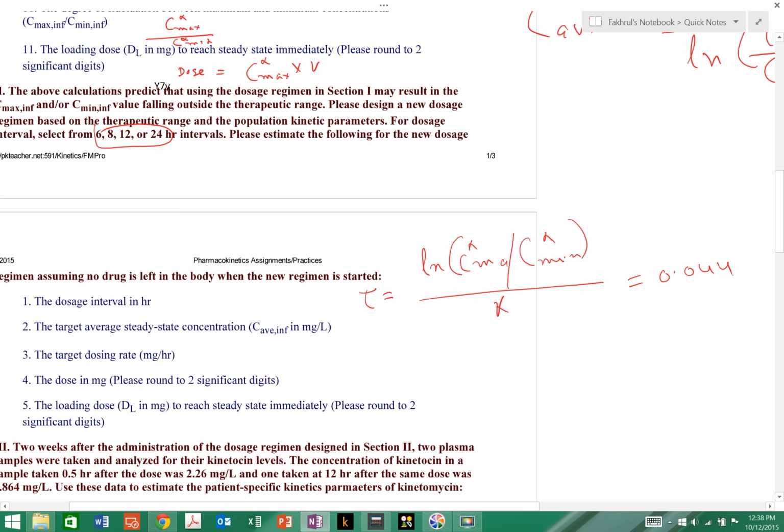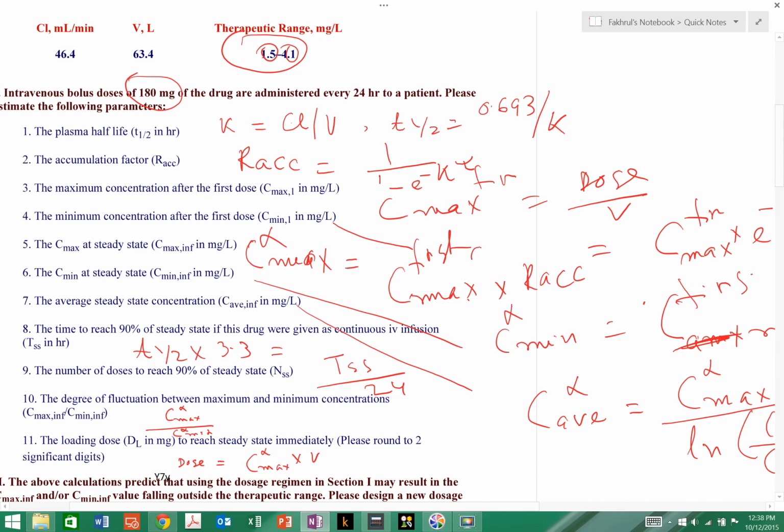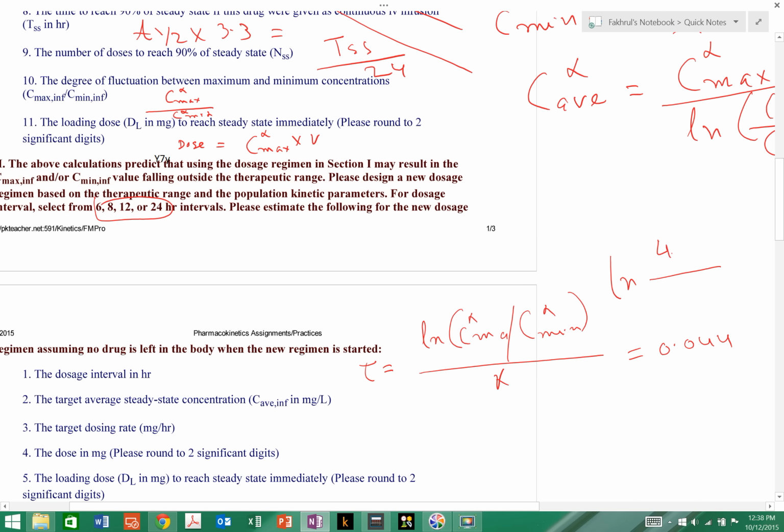So ln of Cmax 4.1 divided by Cmin 1.5, divided by K, which is 0.044.